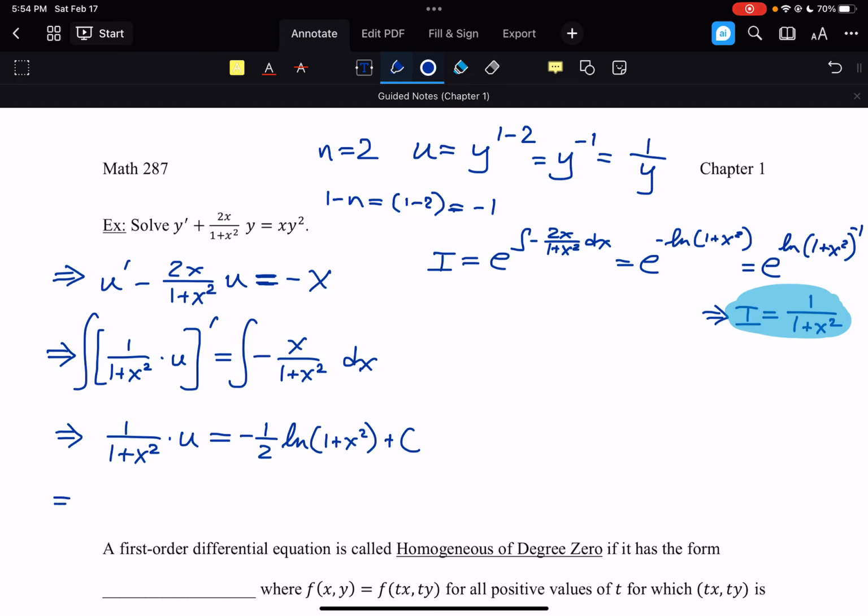So then u, all we have to do is multiply the 1 plus x squared away to the other side. So u is going to be 1 plus x squared times negative 1/2 ln of 1 plus x squared plus c.